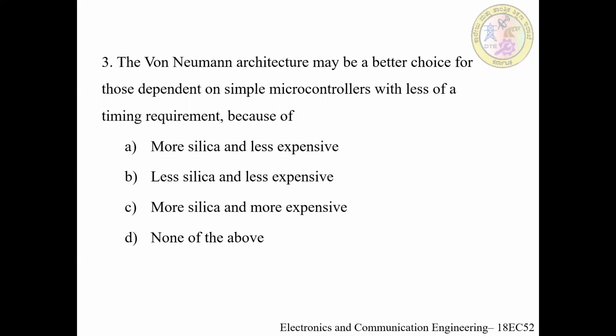But we are discussing in this particular example the von Neumann architecture. It will be a better choice in what context? Yes, the answer is that it has less silica and is less expensive.